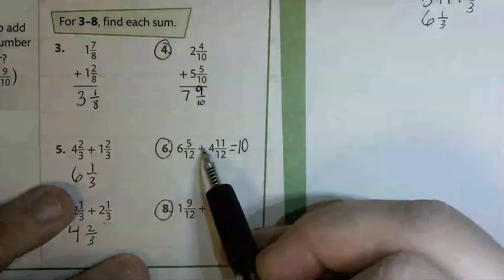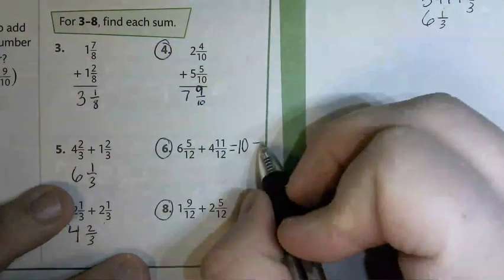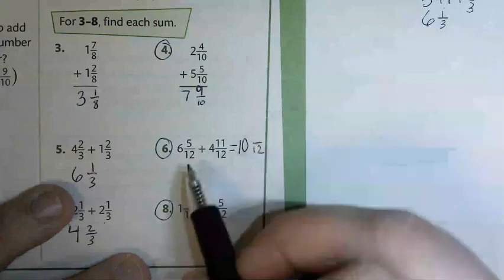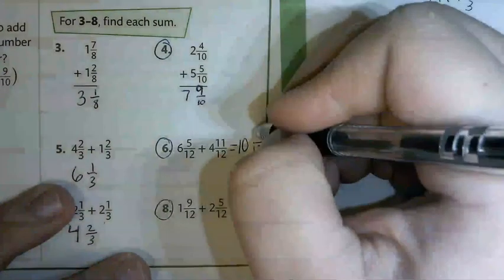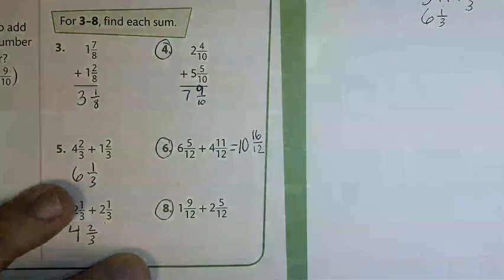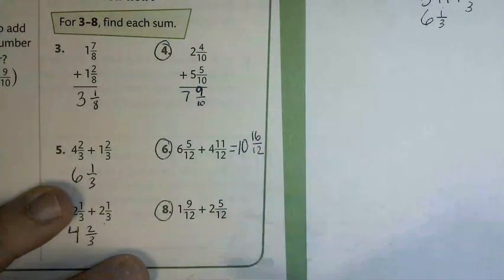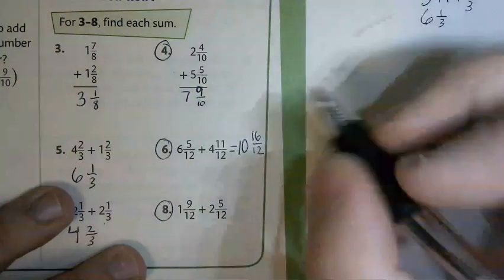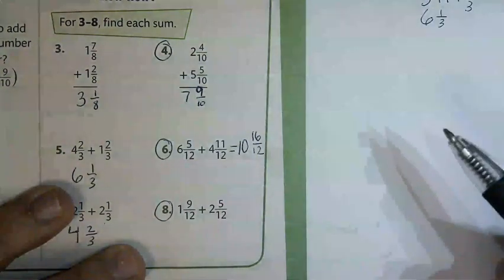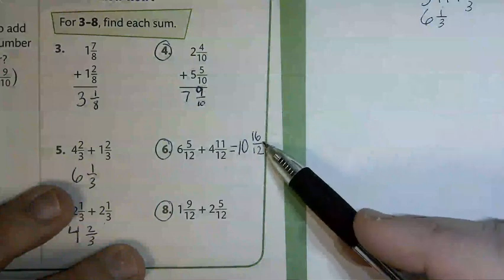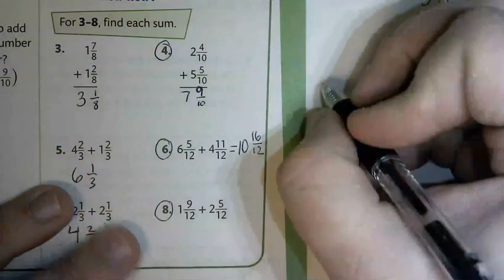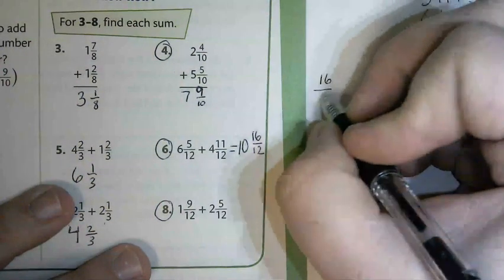I've got 5 twelfths plus 11 twelfths, so my denominator is going to stay 12. 5 plus 11 is 16. Uh-oh. This is an improper fraction. My numerator is bigger than that denominator. So rather than writing this whole problem out over here, I'm just going to solve this piece. All right. So I'm going to write 16 twelfths.